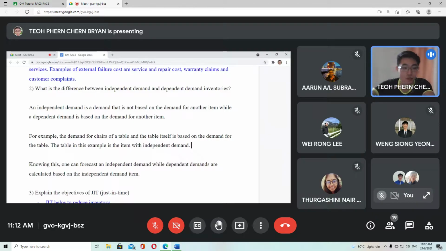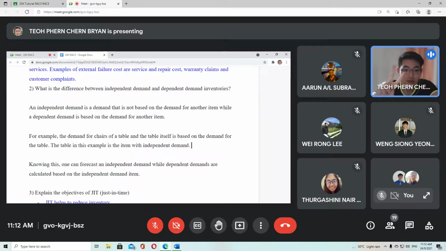Okay, so different components of the table, right? So usually dependent demand refers to the components to fulfill customer order.